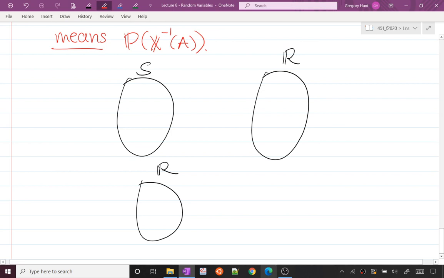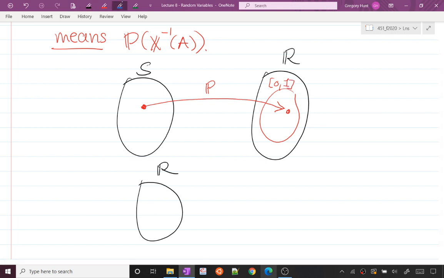The probability function P typically maps from the sample space into the real numbers. In particular, it maps into the set 0 to 1. We can define a random variable, and a random variable, in the other case, maps from the sample space to the real numbers.